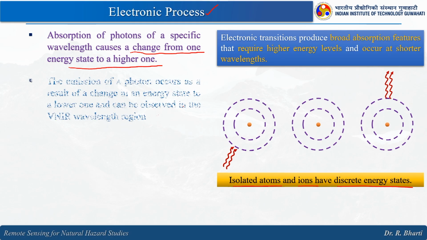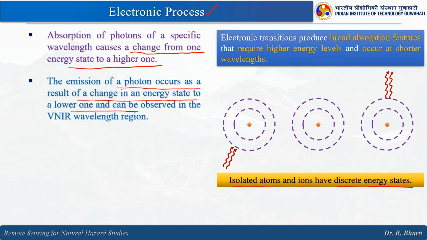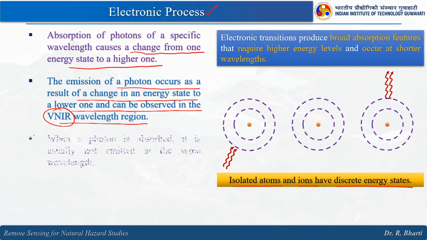Here, the emission of a photon occurs as a result of a change in energy state to a lower one and can be observed in the VNIR wavelength range. When it is coming from E2 to E1, the extra energy present in the target will be released in the shorter wavelength range. So, here we have this at VNIR.